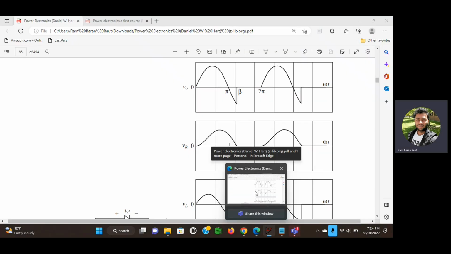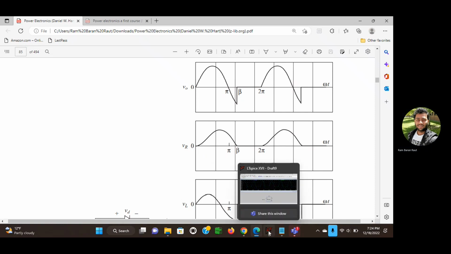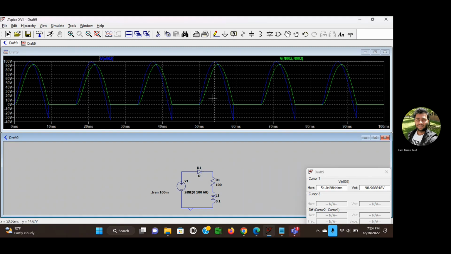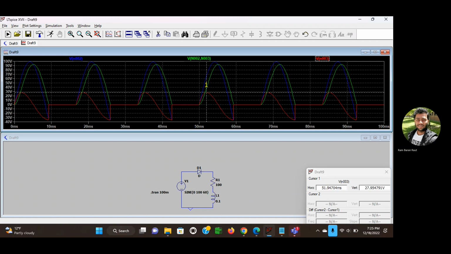We can compare VR over here. We can also compare this one, the red color, which is the voltage drop in the inductance. You can measure that. The peak voltage drop is almost 27.95.